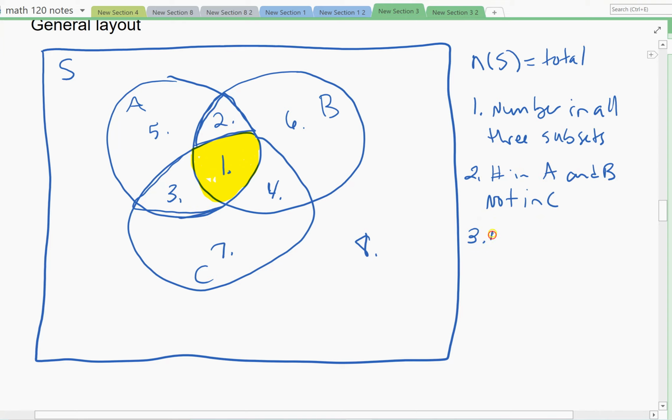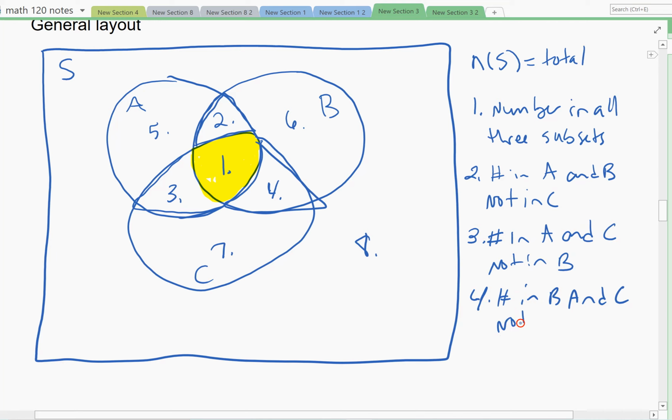So 3 would be the number in A and C, but not in B. And then 4 is this wedge here, the number in B and C, but not in A.